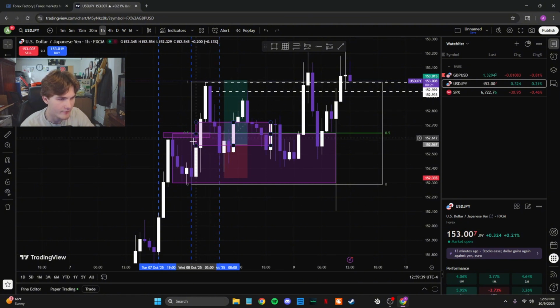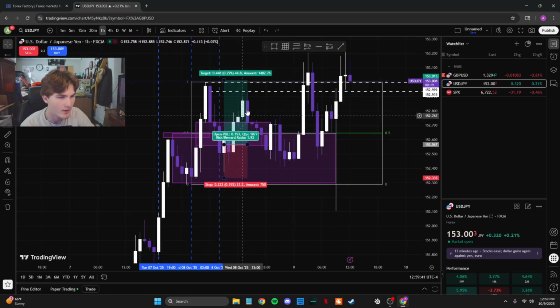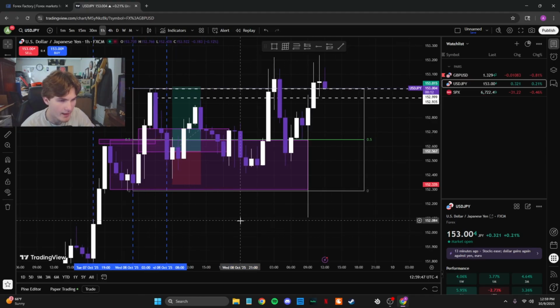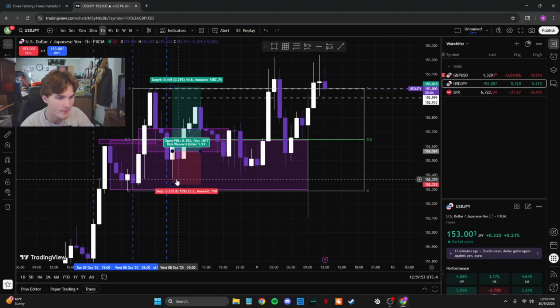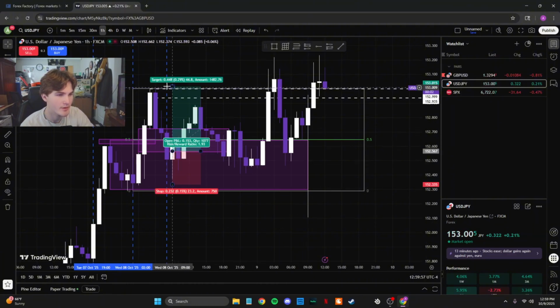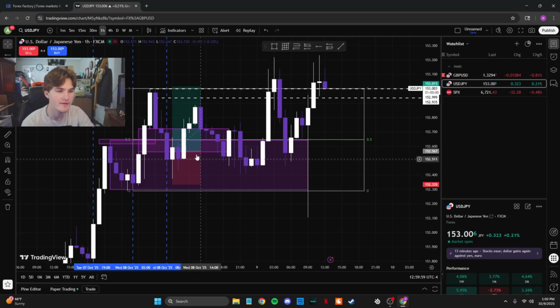Then we had the 1 hour fair value gap right here that also slightly got respected, but then again, news came out, so had to be aware of that. We had this order block right here from this to here, also in here, so that got tapped. The fair value gap got tapped. Equilibrium putting buys into the discount.